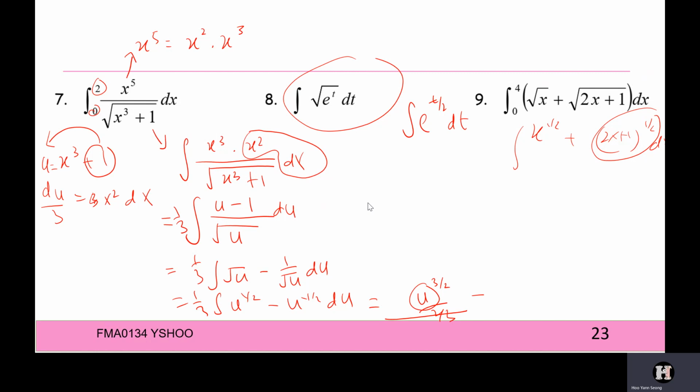Differentiation, if you want to differentiate sine cubed x, is very simple. Just push the 3 in, 3 sine squared, this is also squared, this is x.